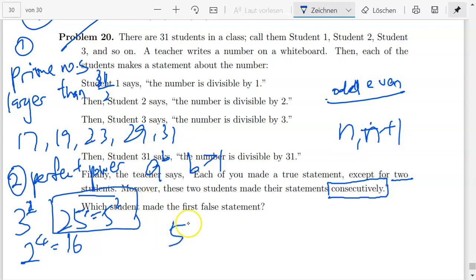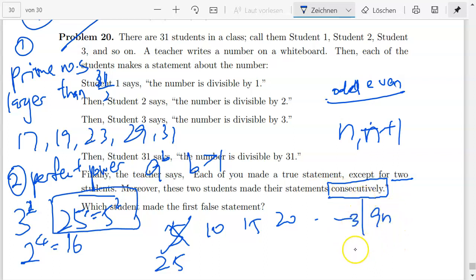If I were to say that this number is not divisible by 5, then consequentially, this number will also not be divisible by 10, 15, 20, and so on. But if I say this number is not divisible by 25, but is divisible by 5, there are numbers like this. It's the same logic as all multiples of 9. All multiples of 9 can be divisible by 3, but not all the multiples of 3 are divisible by 9. It is this kind of logic, this kind of analogy.